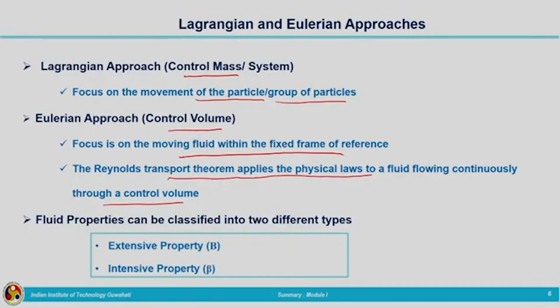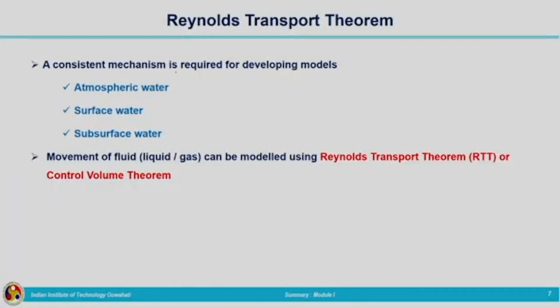Once these concepts, that is Lagrangian, Eulerian and the properties related to fluid, were clear, we moved on to the derivation of Reynolds transport theorem. It is nothing but a consistent mechanism for studying the movement of fluid. It is required for developing models in the case of atmospheric water, surface water and subsurface water.